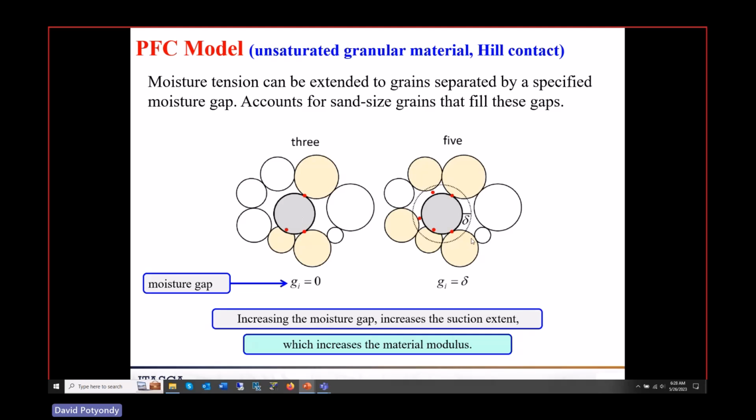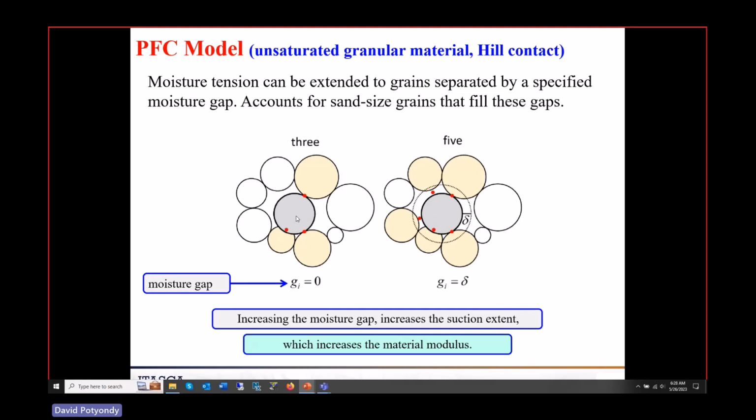What we can do is expand this radius, if you will, by delta. And then we find everybody that's within a distance of delta of this particle. So notice now there's two additional contacts that form. The idea is that it's the effect of the liquid bridges. So now there's 5 sites of suction acting instead of just 3.